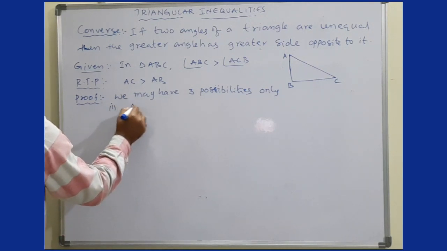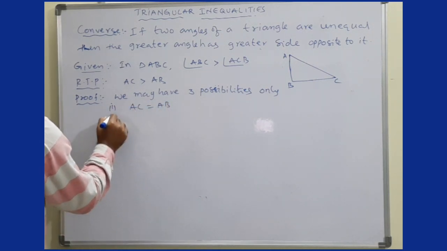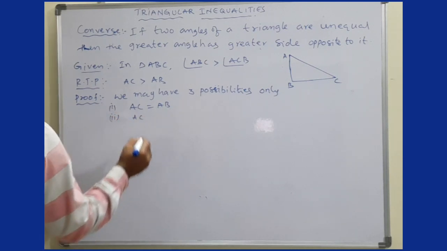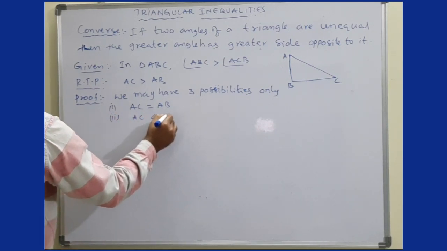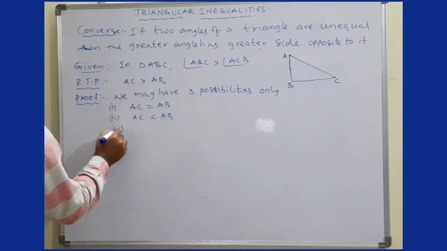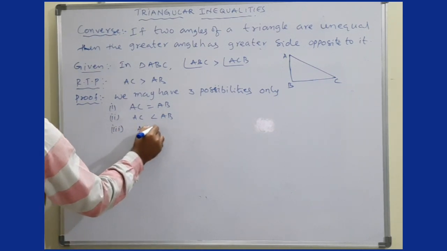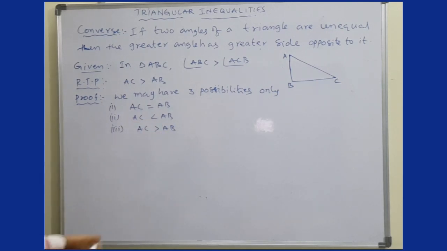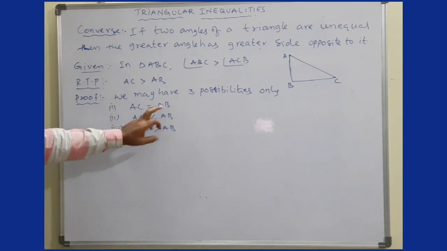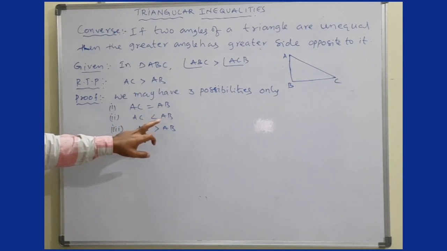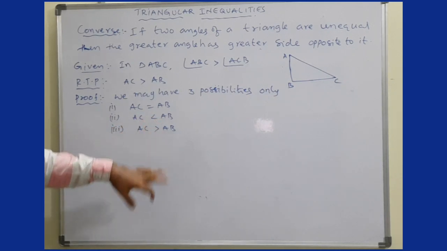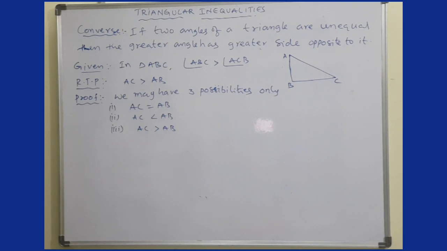Either AC is equal to AB, or second, AC may be less than AB, and third, AC can be greater than AB. When you compare two sides, the relationship between those two can be like this: either both are equal, or one is less than the other, or the other is more than the second.